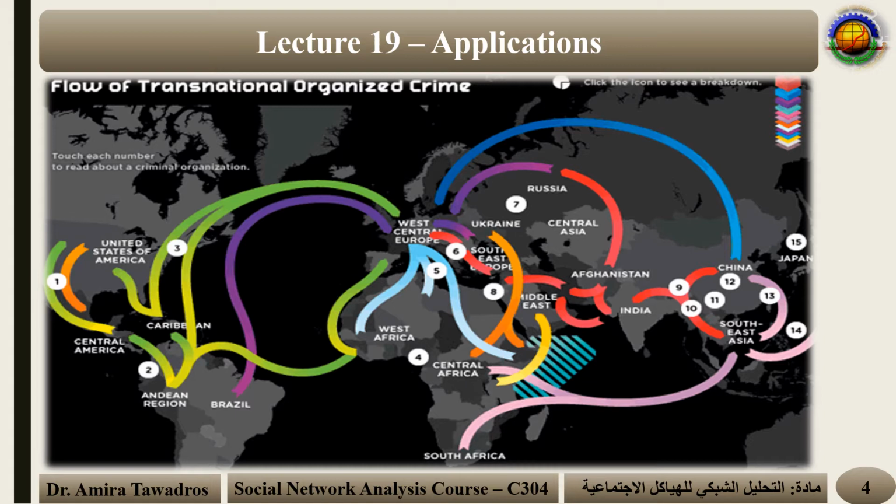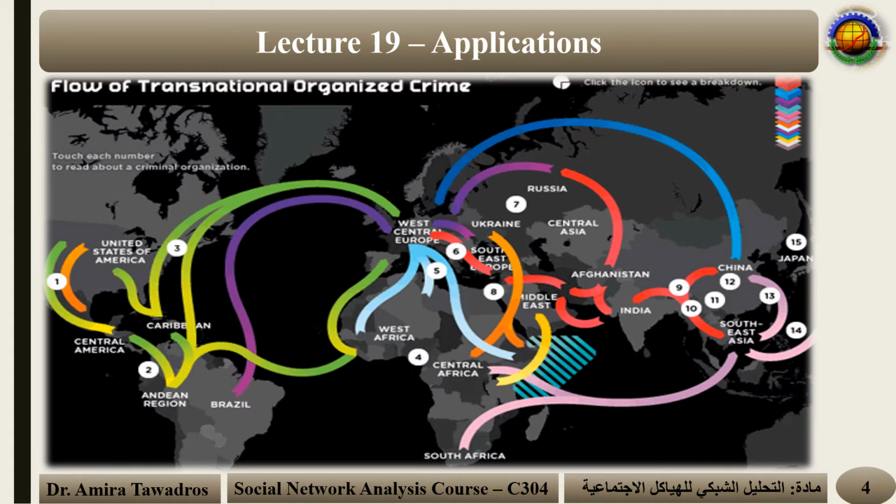How can social network analysis help us to understand this special type of crime? This is through answering questions. For example, social network analysis can help us answer questions like, how dense or closely connected is the network? Is it highly centralized, or is there a lot of activity at the periphery? Are there hubs?